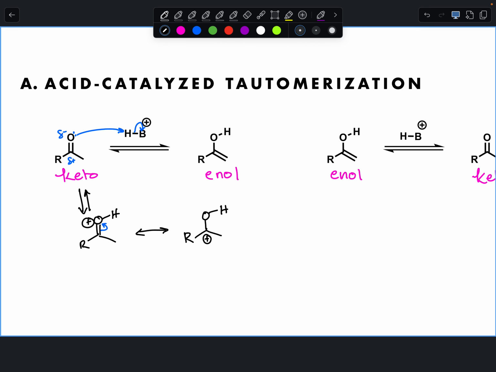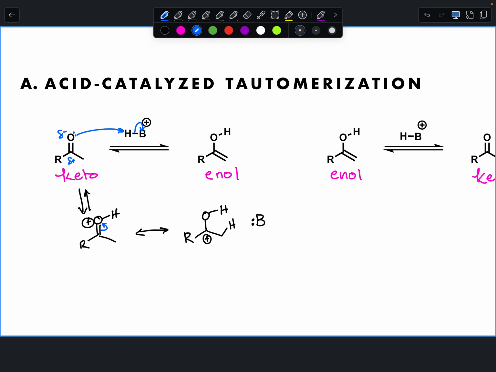Anybody want to take a guess what the pKa is of the alpha proton? You could pick any number that you wanted to right now. Well, it's going to be more acidic than an sp3 hybridized carbon because the conjugate base is resonance stabilized.